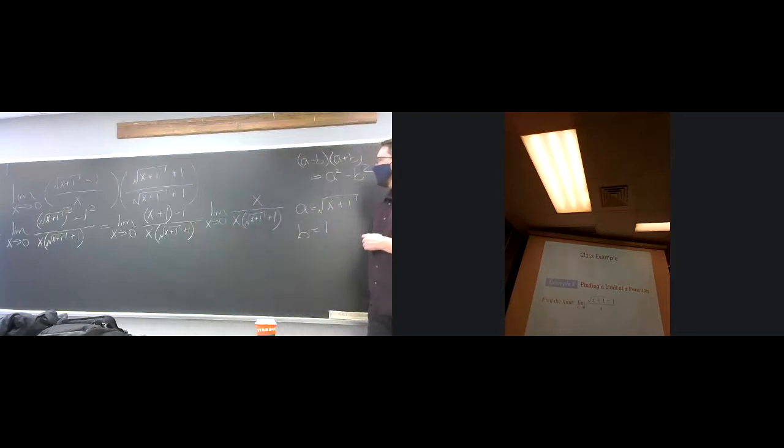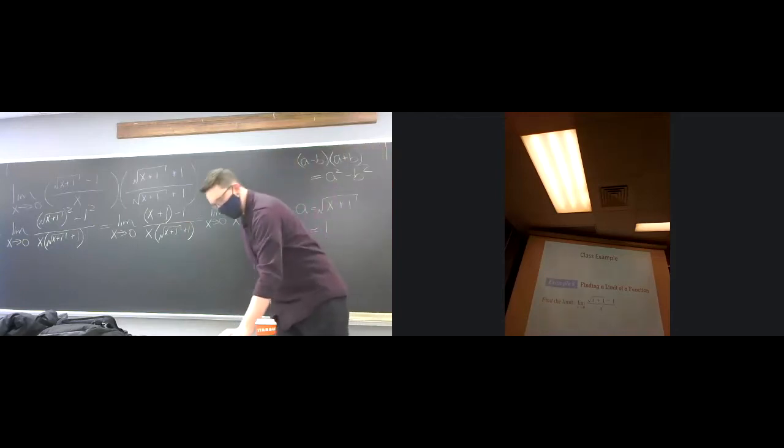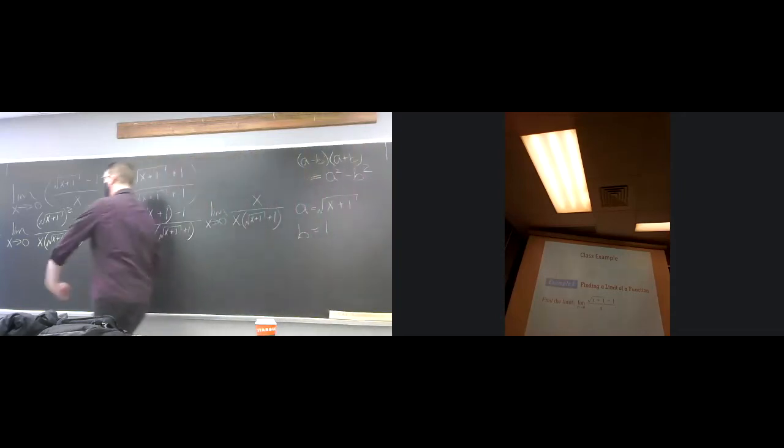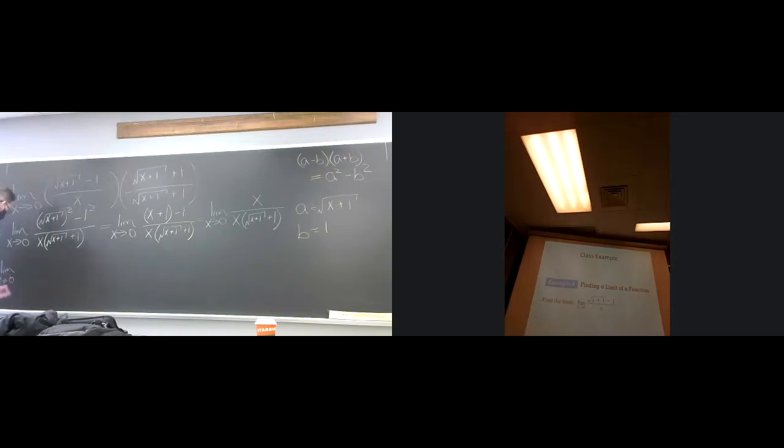We can cancel these x's now. And when we do, we're going to get a limit as x goes to 0 of 1 over the square root of x plus 1, that quantity plus 1.